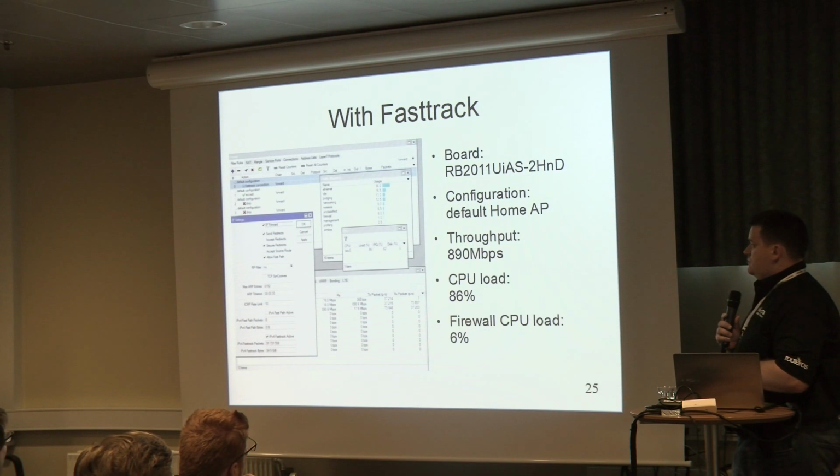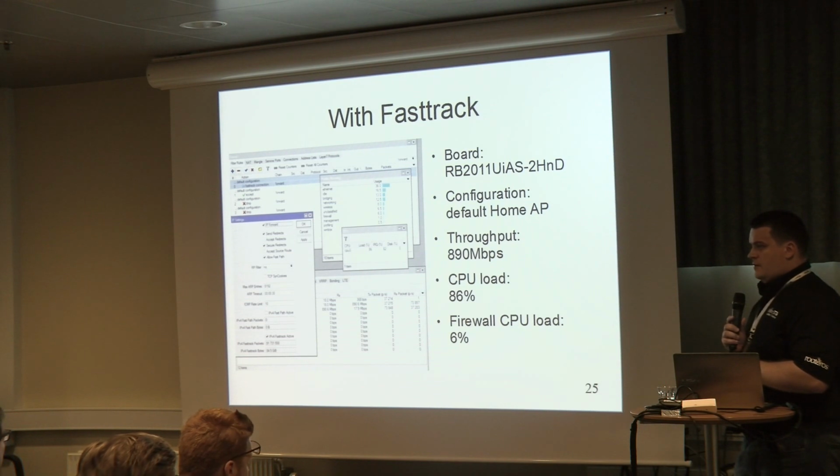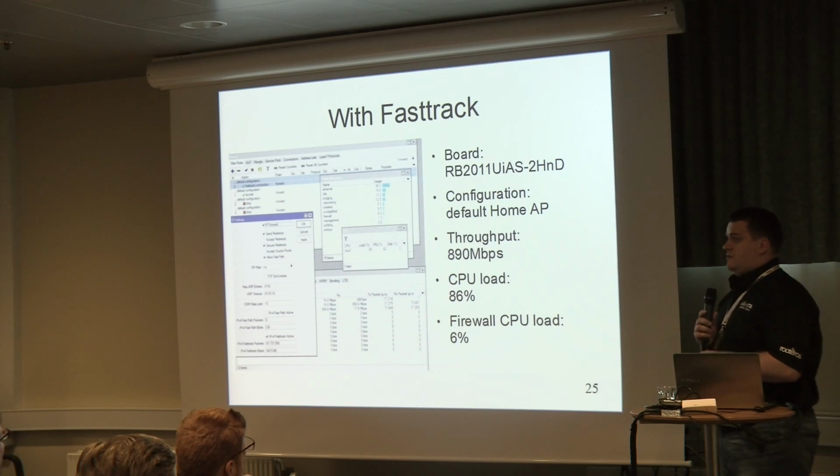We add that one rule that I just showed you, same board, same configuration: throughput 890 megabits per second, CPU load not 100%, and firewall CPU load dropped to 6%. So with this one simple rule, you can get almost wire speed through our software-based device.